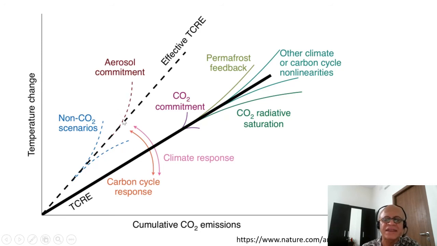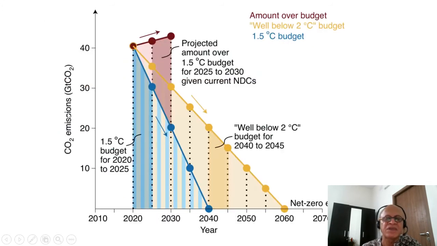This is kind of a schematic from this paper, but the idea is that the near linear relation and its shift in terms of the slope between cumulative CO2 and temperature change has to be kept in mind when we are talking about the future of the carbon cycle.